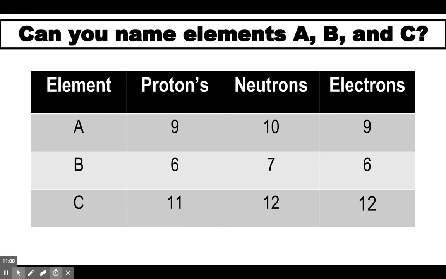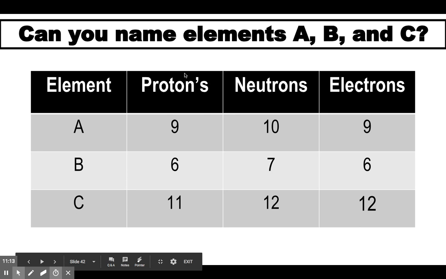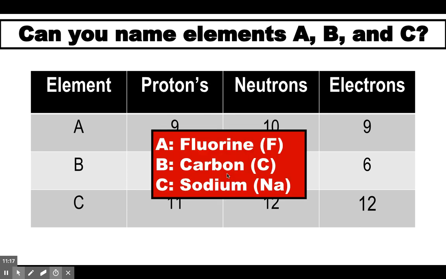Element A has 9 protons, which means its atomic number is 9. Element B's atomic number is 6, and element C's atomic number is 11 because their protons is what identifies it and gives you the atomic number. So that's what you should have had: fluorine, carbon, and sodium.